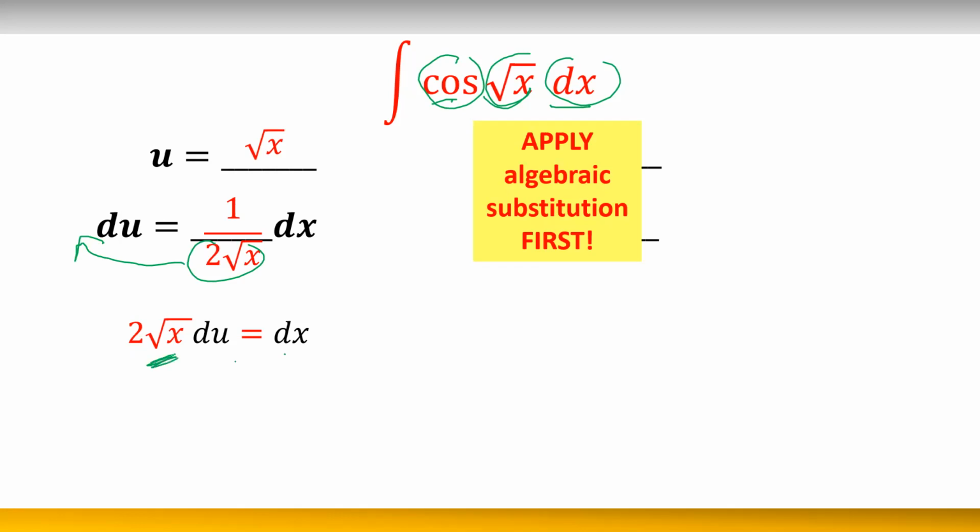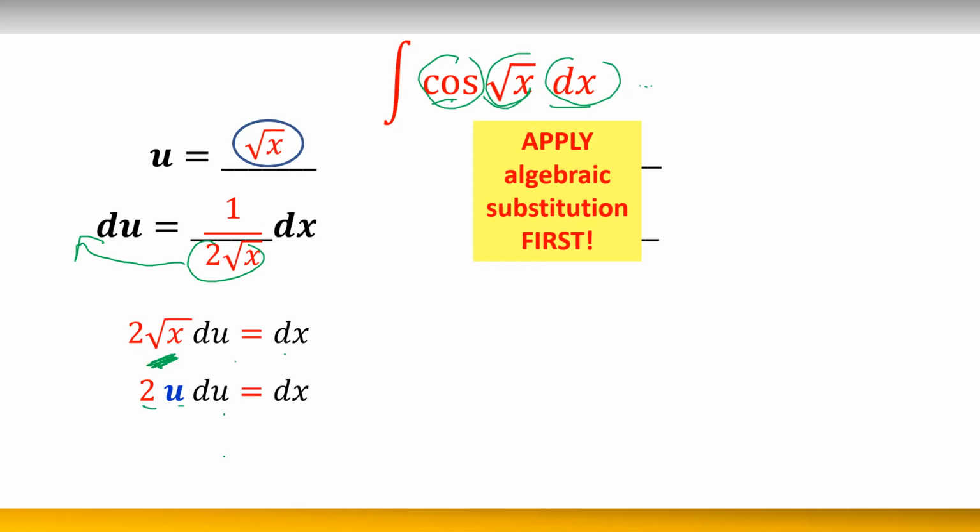Meron kang extra variable doon. So, kailangan ma-produce mo siya dito. Kailangan mag-come up ka with a creative way of presenting your integral. Kailangan mong i-convert sa u. Yung square root of x is your u. So, gagawin mo siyang 2u du.